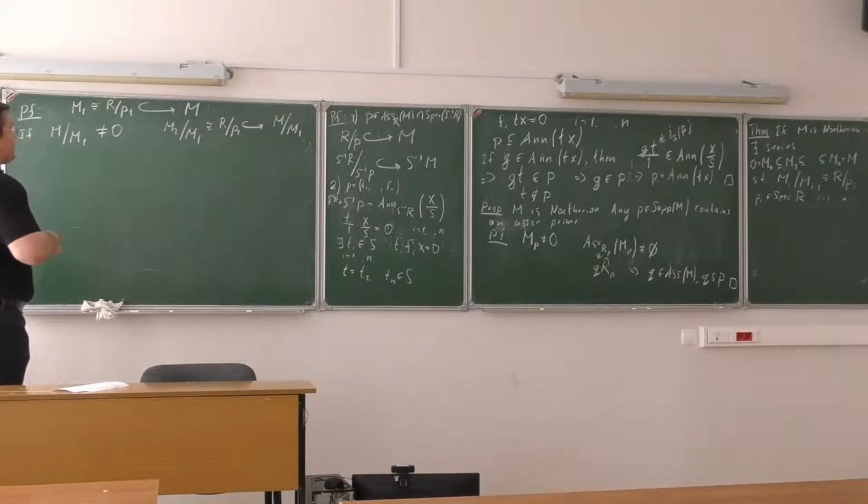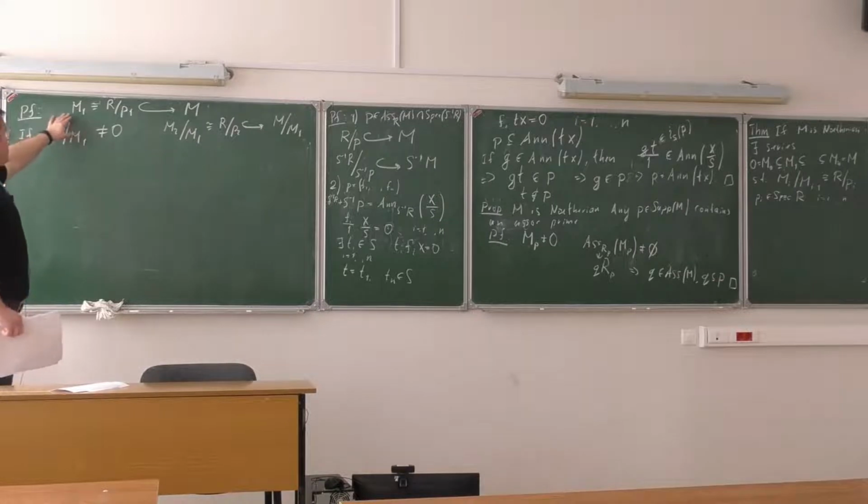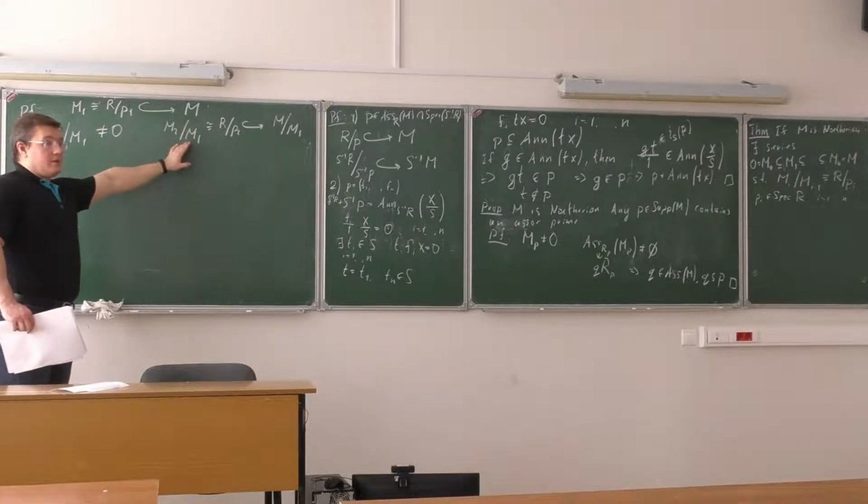Can this series be non-finite? No, this is finite because the module is Noetherian, so this will be the end of the argument. You can continue constructing more and more modules, right? First you construct submodule M1, then you construct module M2 containing M1.